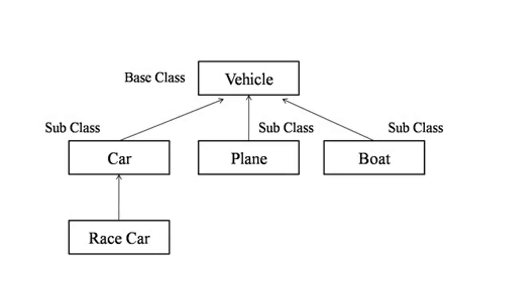Another thing, similar to what I told before in the example: race car is another subclass of car. So you need not define fuel type again for race car, because car already inherits the fuel type attribute from its base class vehicle. Race car's parent is car, car's parent is vehicle, so automatically race car also gets access to the attributes of vehicle.